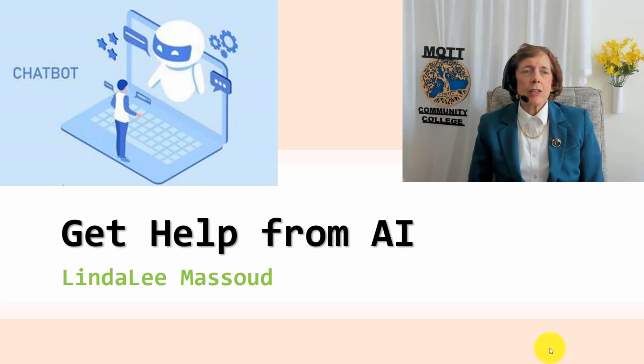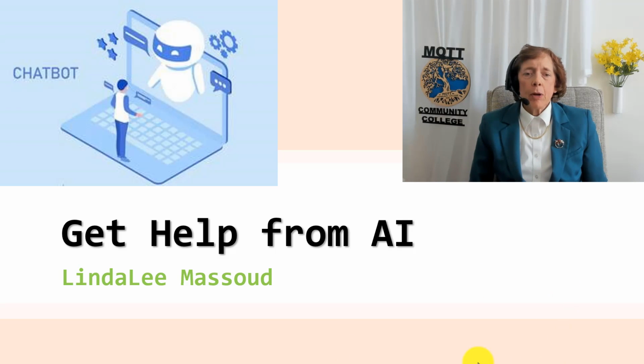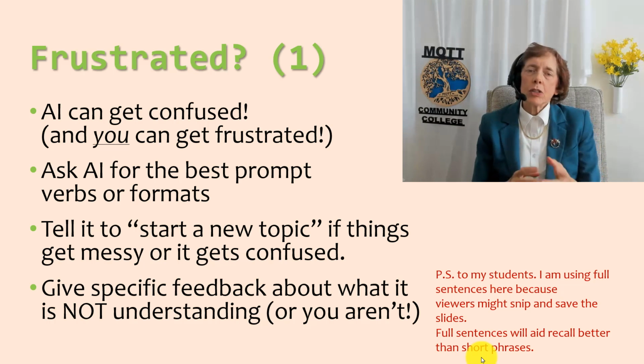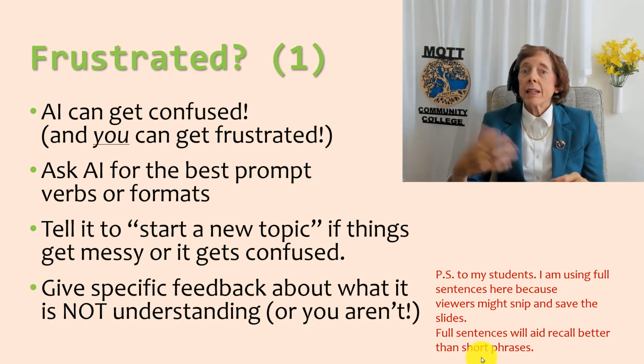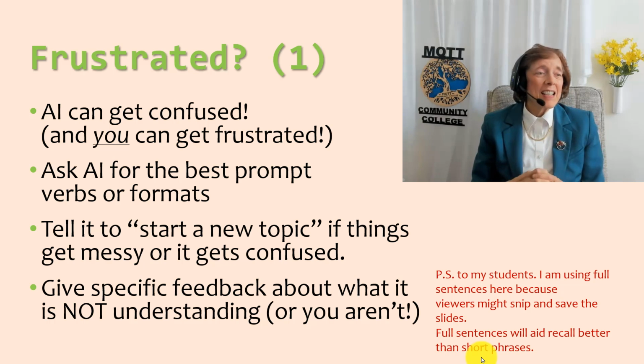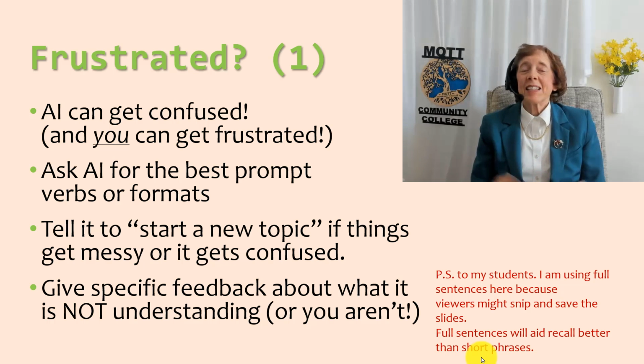Here are just some ideas. If you're frustrated, since it can get confused and you can get frustrated, let's see what we can do. Ask AI for the best prompt to do a certain thing, which is what I'm going to demonstrate for you here in just a second.